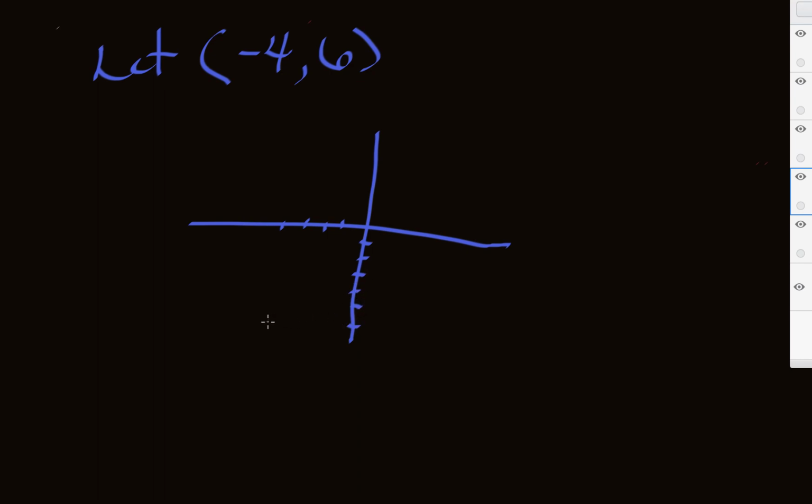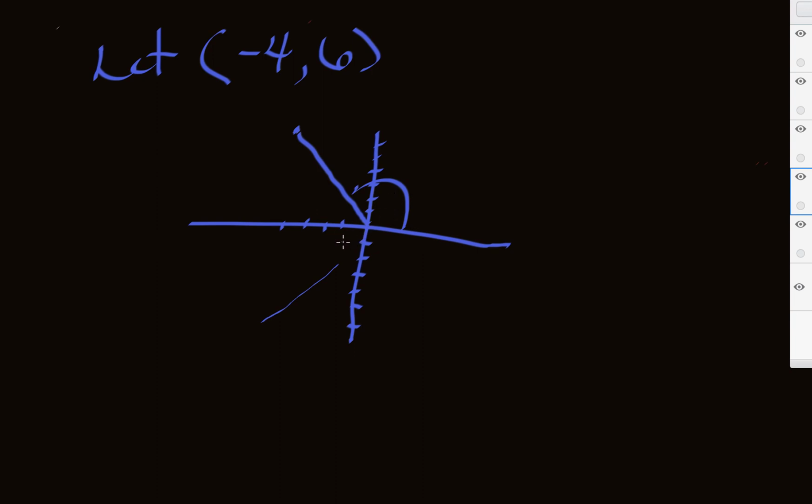Oh, sorry, it goes up. 1, 2, 3, 4, 5, 6. And we made a dot up here and we made that our angle. So this is the angle that we're looking at, right?